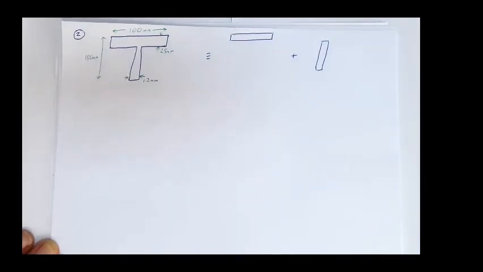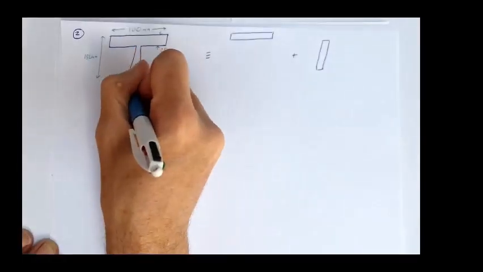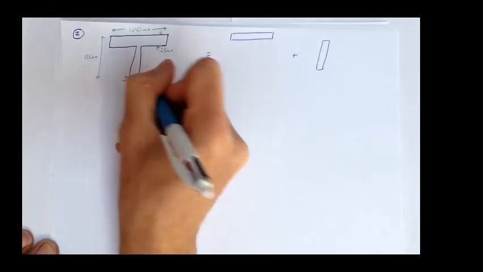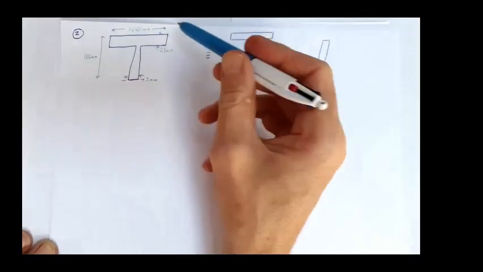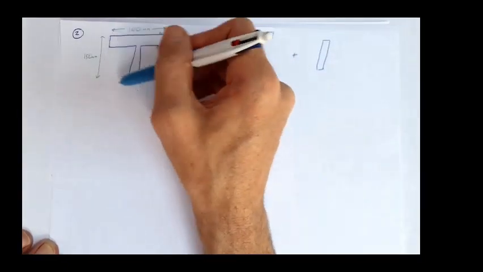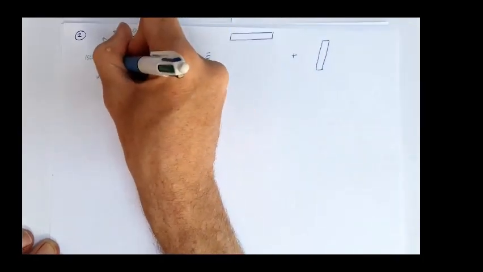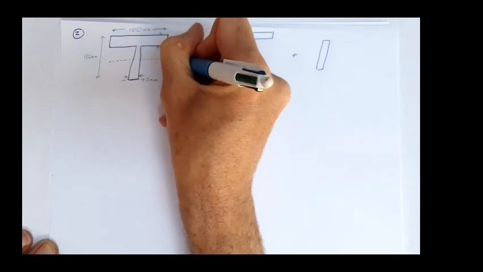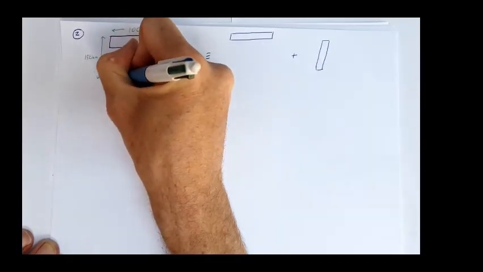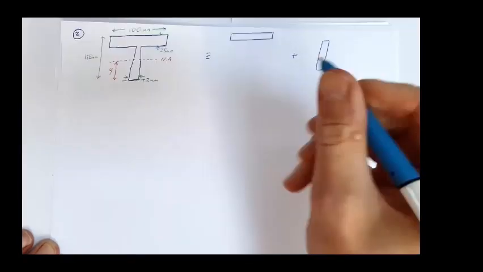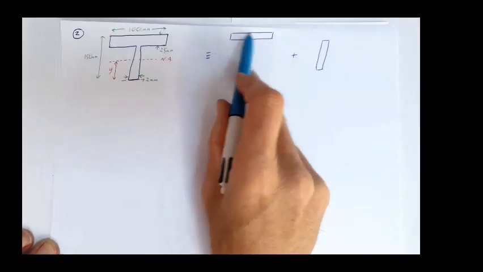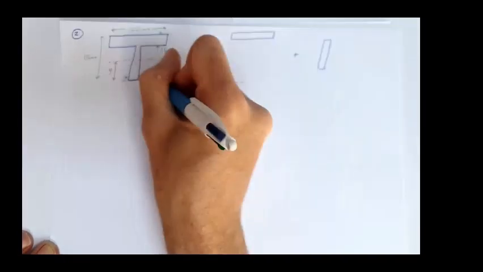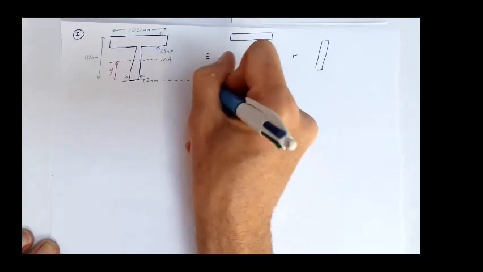Okay, so we're going to take moments around this bottom axis here. Moments of area. If we take this area and multiply it by the distance to its neutral axis, that distance y, that's going to be equivalent to this shape taking moments around this same axis at the bottom.